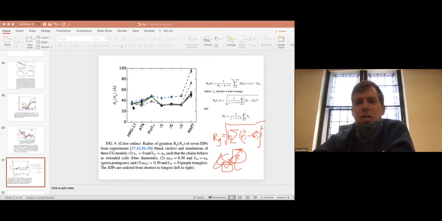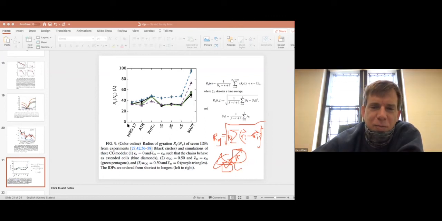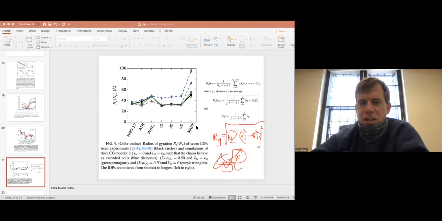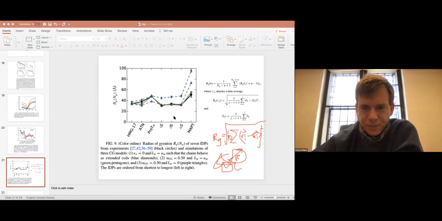So here I show you those values for different intrinsically disordered proteins that we simulated, both those that I talked about on the previous slide, and some others that are in the literature. So HMG17, ATN, Pro-T alpha, the synuclein family, and then the tau protein. And you see that the model, which is in green here, agrees with the experimental values, which are in black.